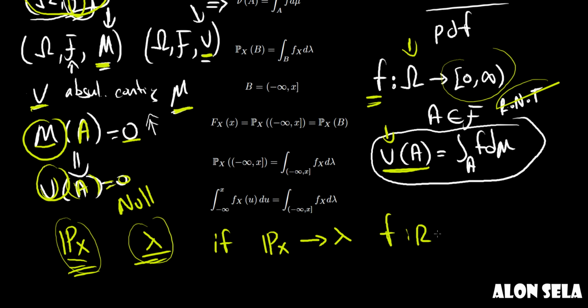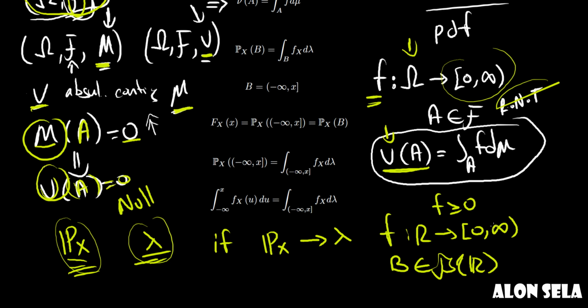from R to the semi-open, semi-closed interval 0 infinity, which means that f is greater than or equal to 0, such that we can calculate the probability of every set B in the sigma algebra, this time the Borel sigma algebra, by the Lebesgue integral.